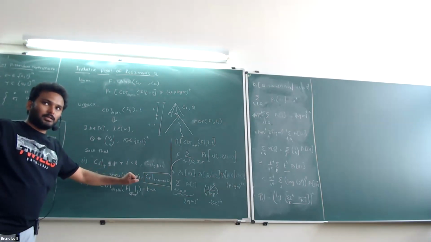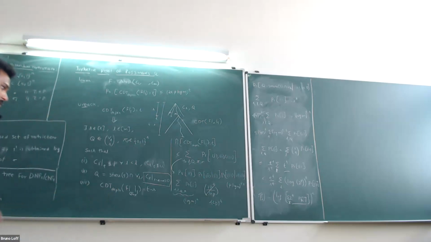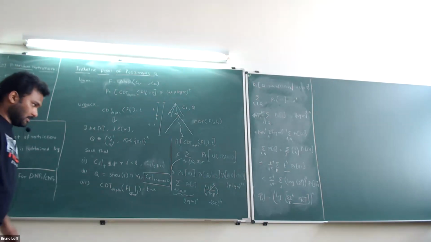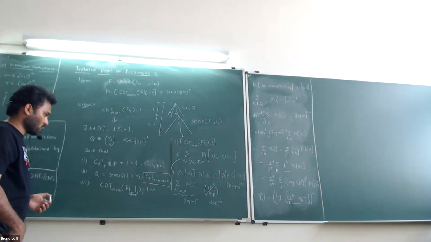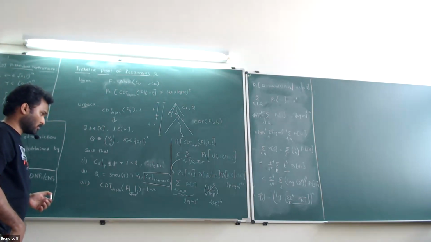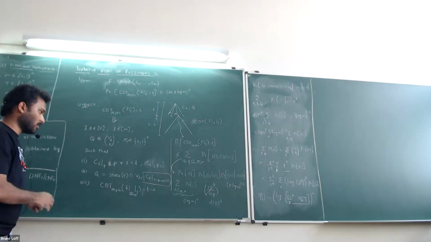No, but we're only looking at 1, right? So what's the probability that CL is the first clause that hasn't been set to 1? Okay.